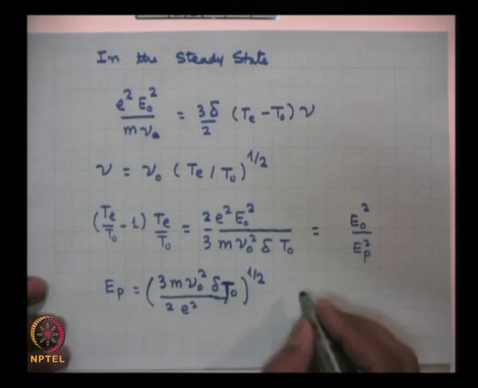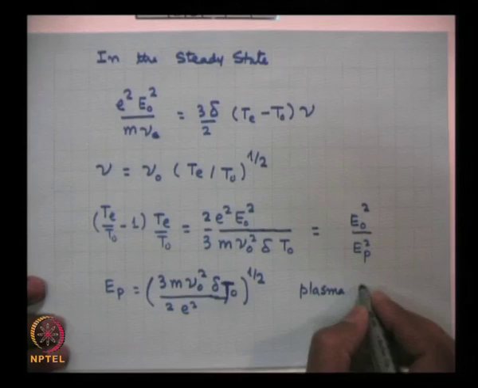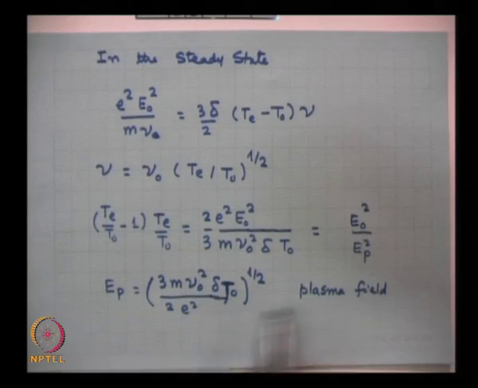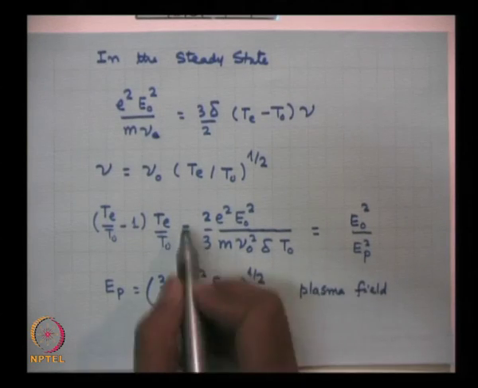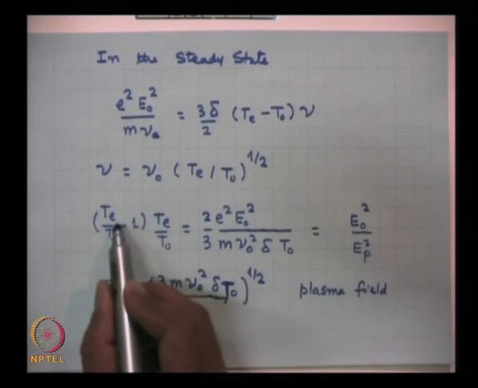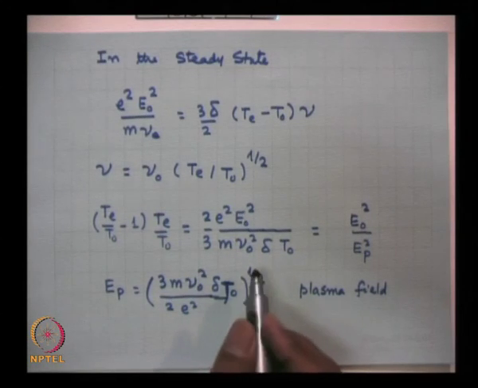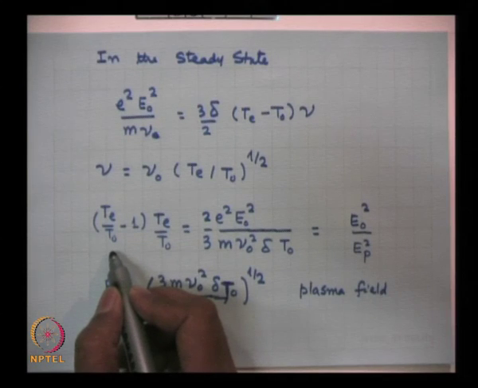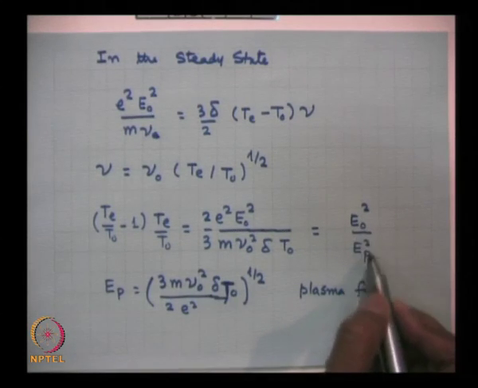This is called the plasma field. You may note, if E0 is much less than EP, then you can ignore this term and Te is equal to T0 is the solution. So, a significant departure of electron temperature from equilibrium temperature T0 would be expected when E0 is comparable to EP or larger.